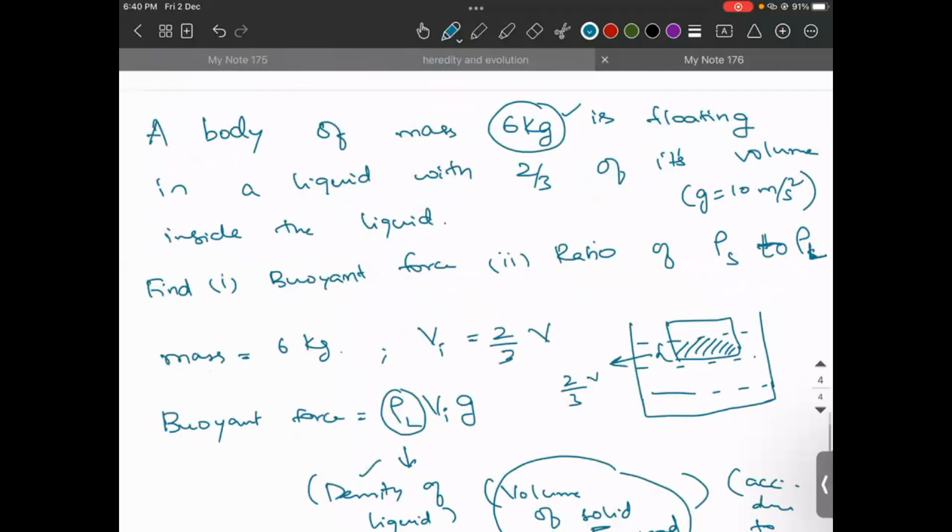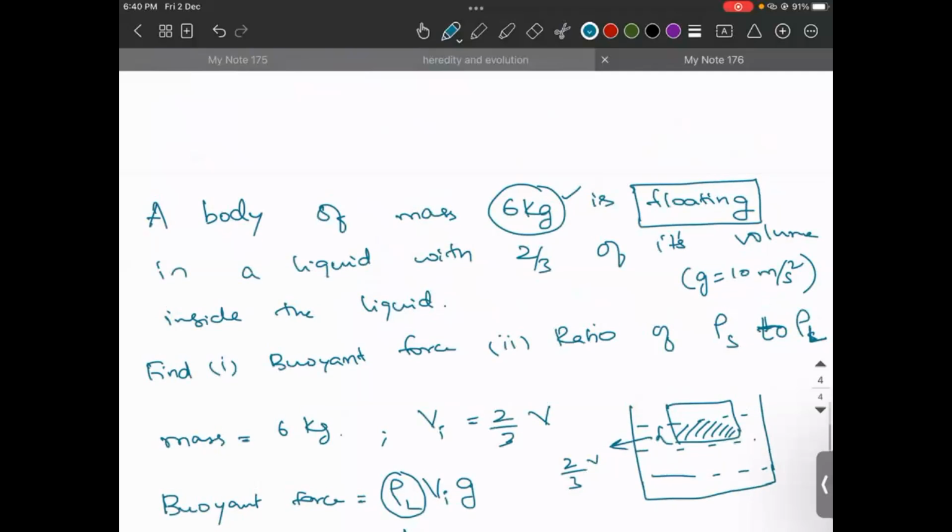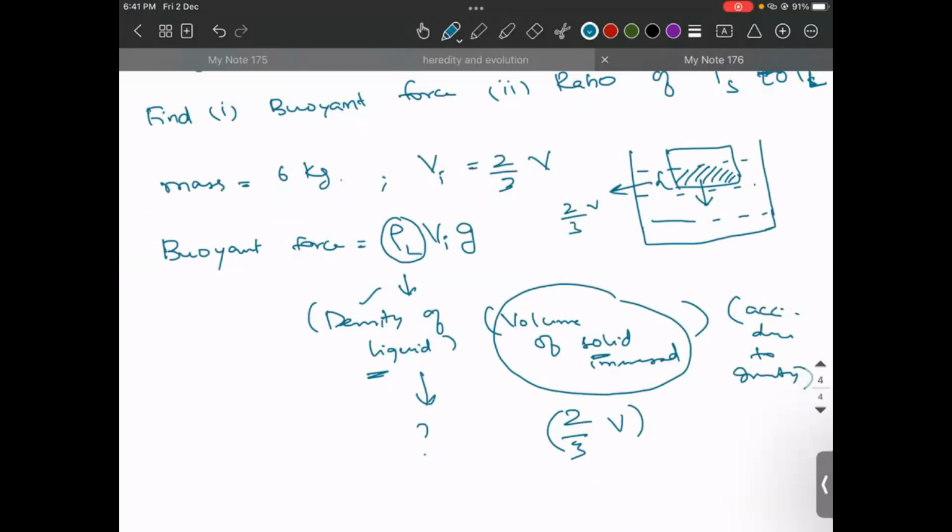So here I'm expecting you to understand the meaning of the word floating. What is the meaning of the word floating? When you see that a solid is floating, it means it is in equilibrium. So when the solid is in equilibrium, what is the force acting downward?